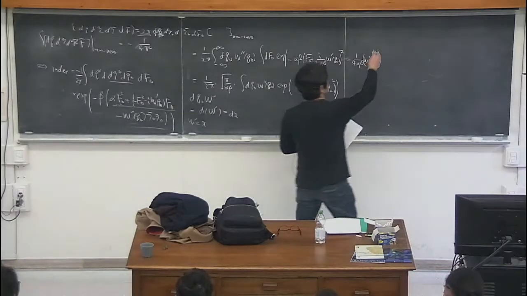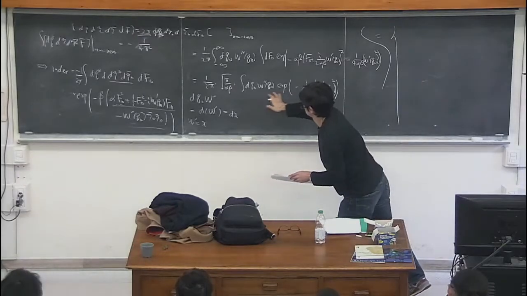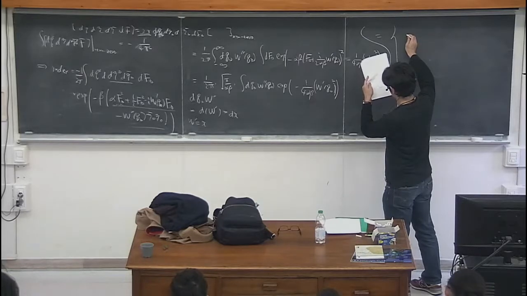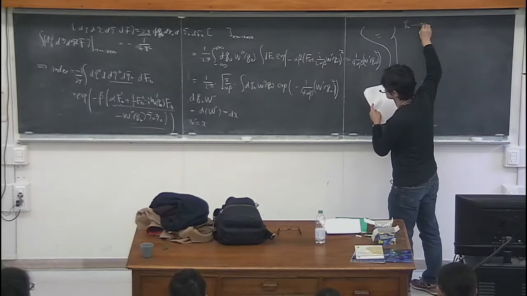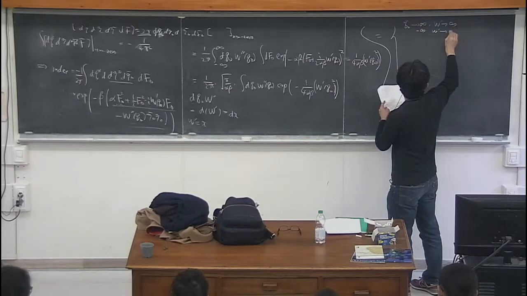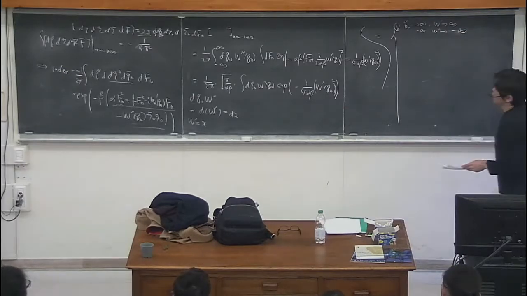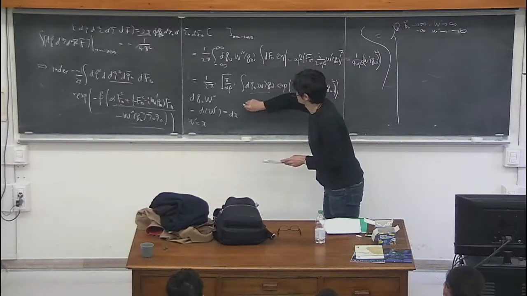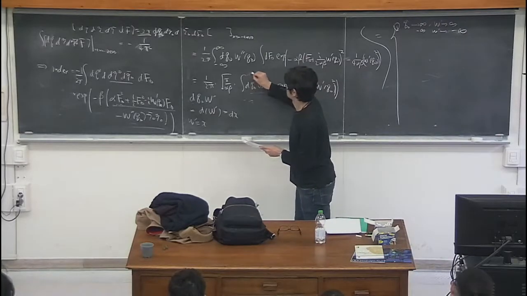Then this integral becomes: there are some possibilities. First, if q0 is minus infinity to infinity, then w prime goes from minus infinity to infinity, so this integral is the integration from minus infinity to plus infinity.